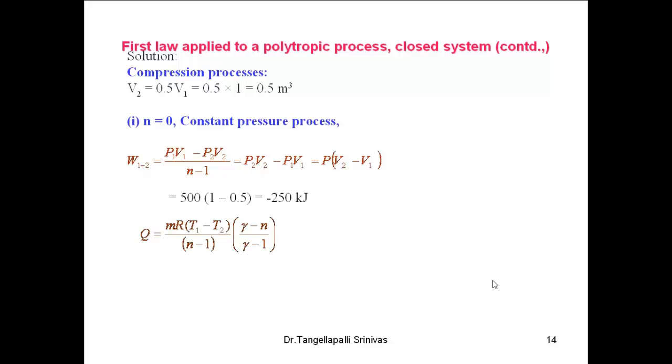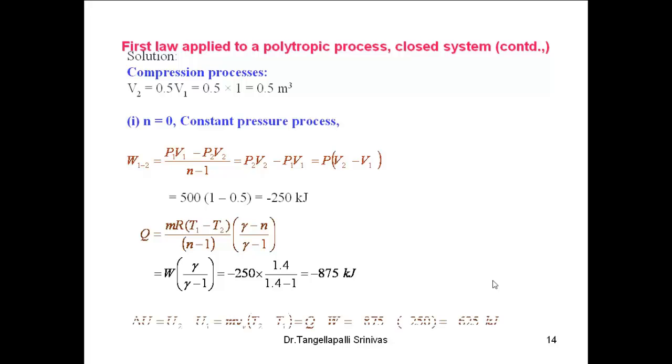The heat is calculated from m R (T1 minus T2) by (n minus 1), times (gamma minus n) by (gamma minus n), or this is W into (gamma minus n) by (gamma minus 1), where n is equal to 0. After substituting this value of work, the heat is minus 875 kilojoules, heat rejected from the system.